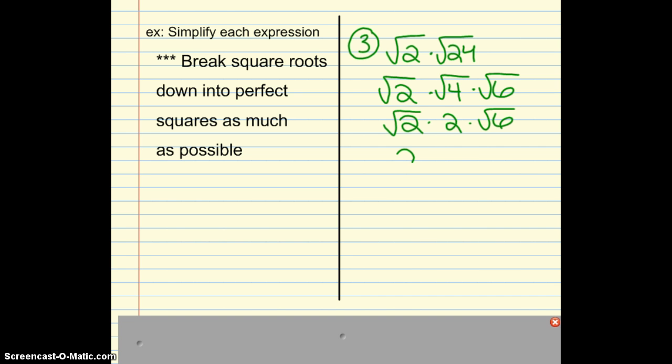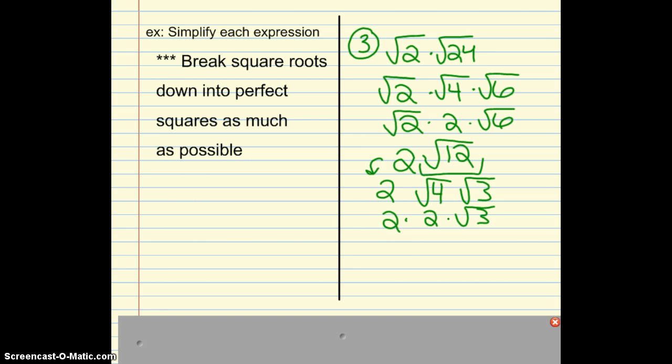Now, our 2 is going to go out front. Root 2 times root 6 is root 12, which breaks into root 4 and root 3, and our 2 is going to come right down again. So we will have 2 times 2 times square root of 3. 2 times 2 is 4 times square root 3.